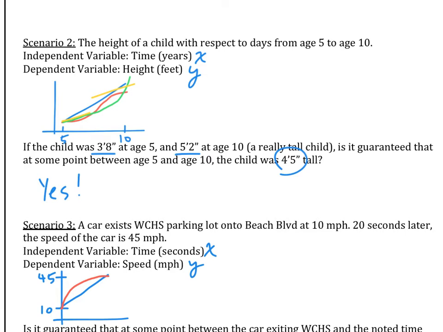Or maybe this person was going really fast, and they had a really super sports car and it went super fast and then came back down to 45 because they realized they're going to get caught if they go much higher than 45. So something like that.